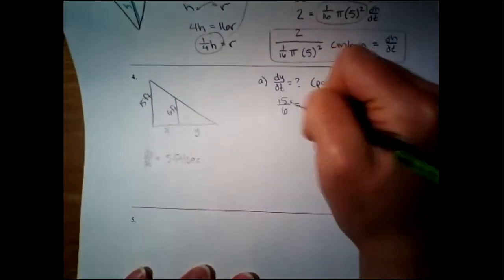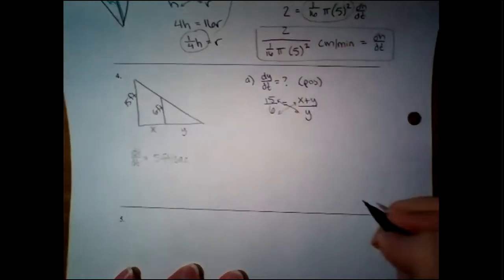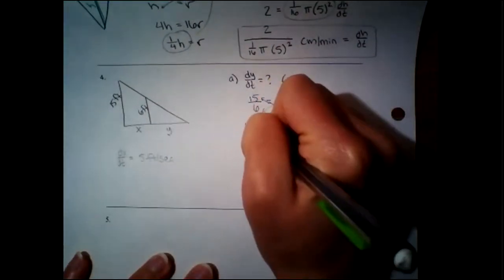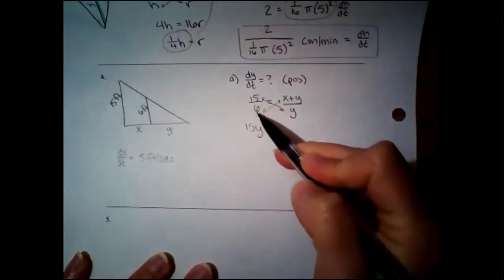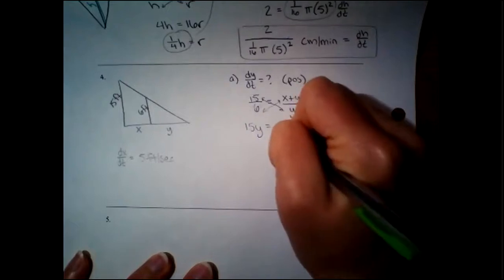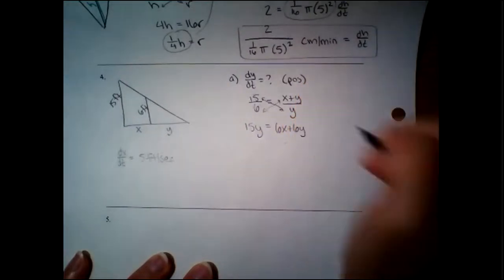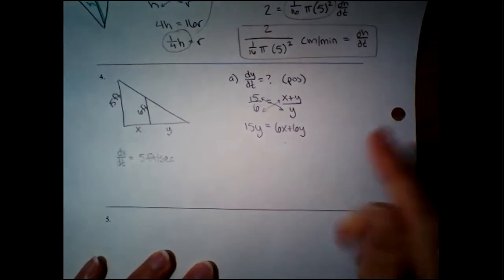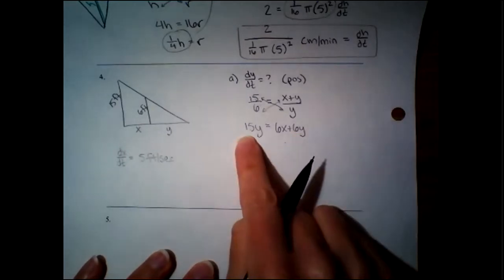And so again, we're going to cross multiply. And so we're going to have 15y equals, and when we go this way, we have to distribute the 6. So it'll be 6x plus 6y. And then you can go ahead and take the derivative right away. I would get all the y's together first.